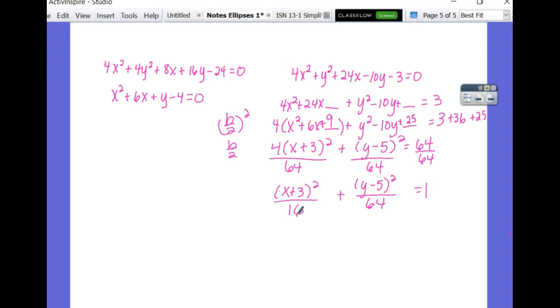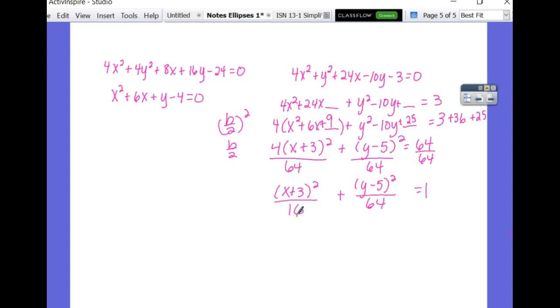So it looks almost like the circle, except it has these numbers on the bottom, and that's because it's an ellipse. And what an ellipse means, it's a circle, because I have the x squared and the y squared, but it just gets stretched, okay? So it either gets stretched horizontally, or it gets stretched vertically, one or the other.